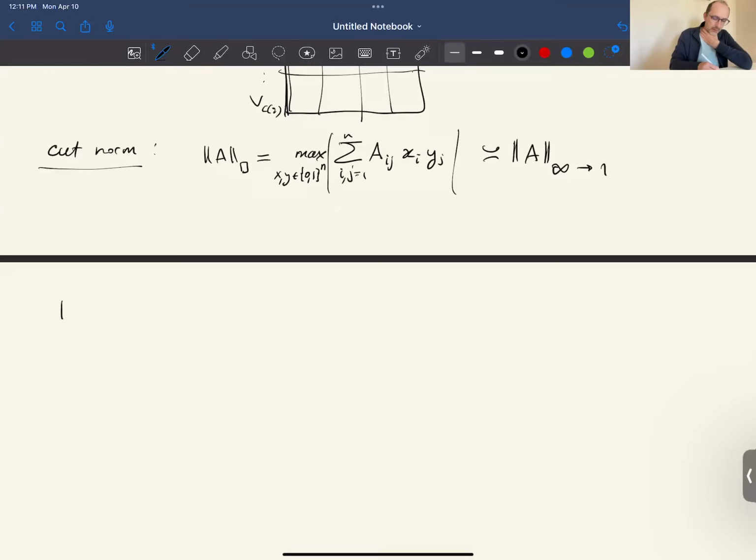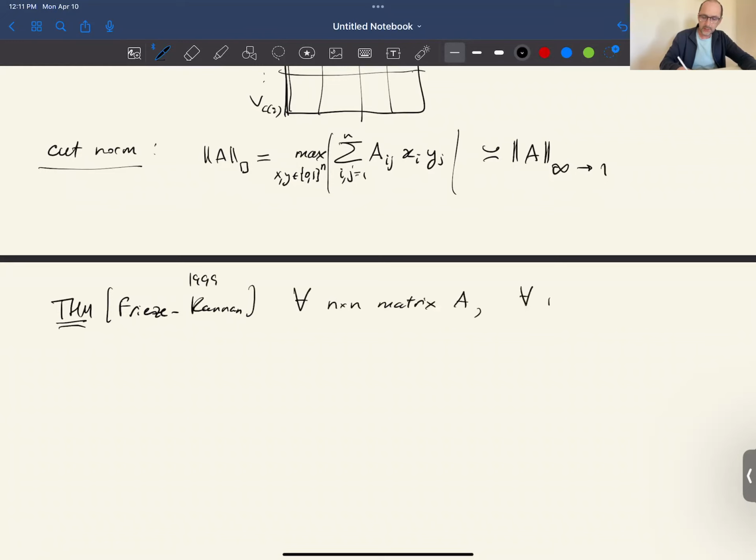So the Frieze and Kannan theorem, 99. The weak Szemeredi regularity says that for any matrix A, and for any desired number of parts in the decomposition, there is a partition with that many parts.